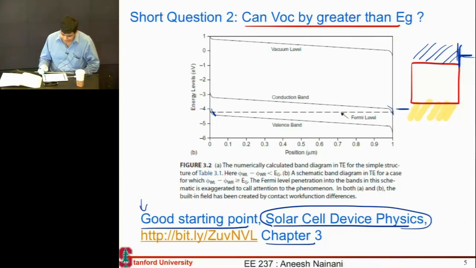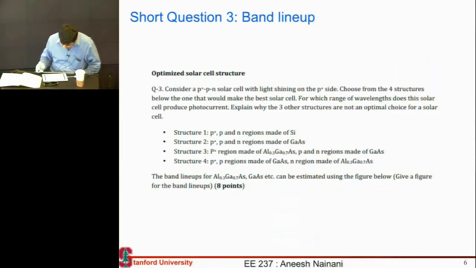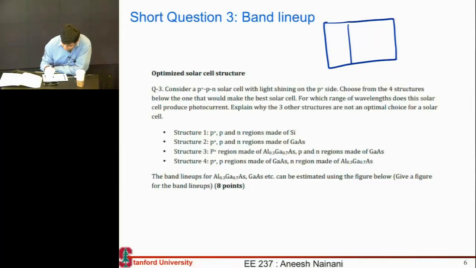Okay. And then the third question, for which you said the figure was missing, is concerned with band lineups of different semiconductors for making a solar cell. The main idea is that, let's say you have this PN junction, this P plus N junction.